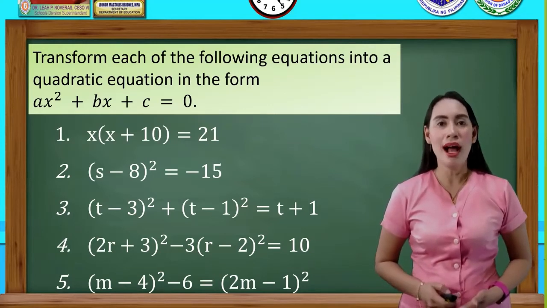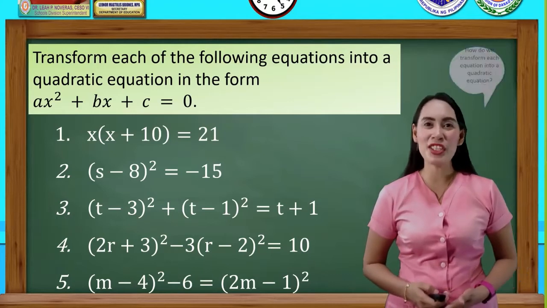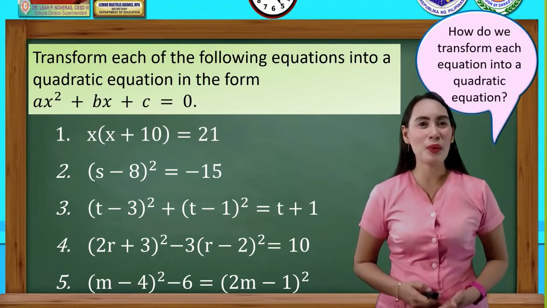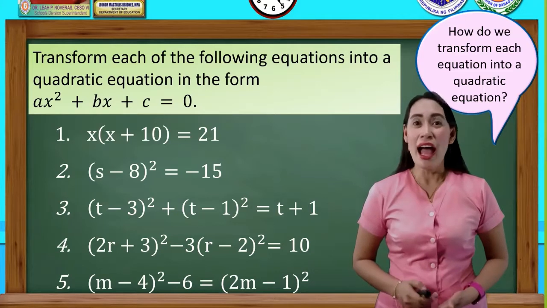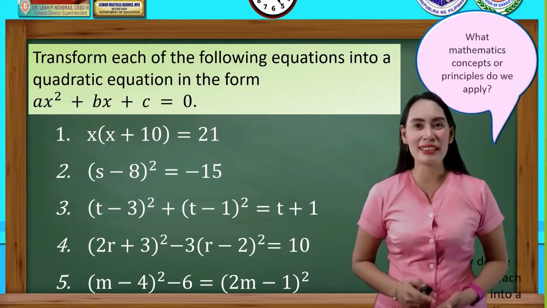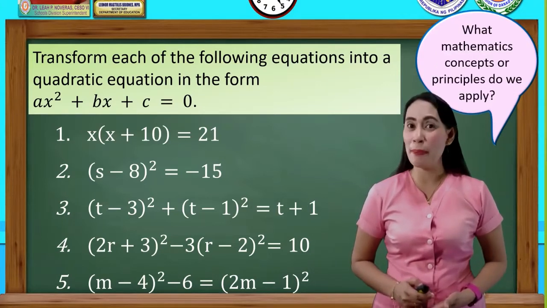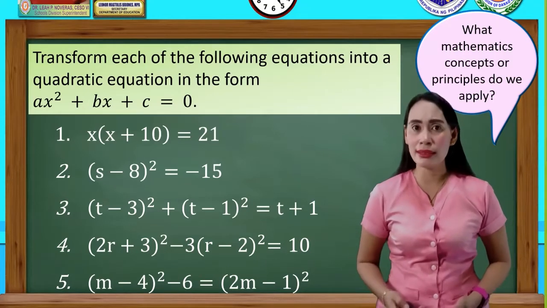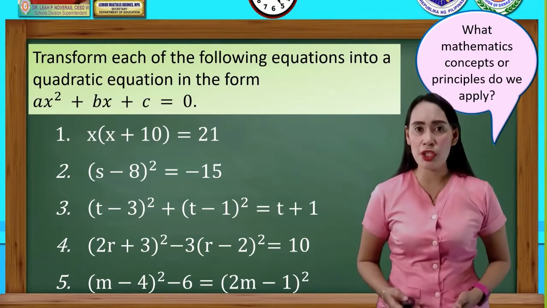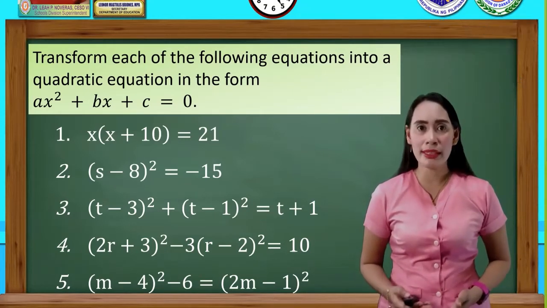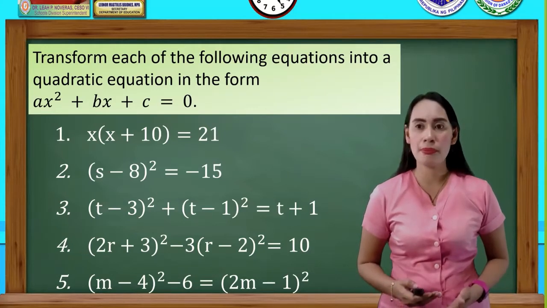How do we transform each equation into a quadratic equation? And what mathematics concept or principle do we apply? As you notice, the 5 equations are written in different forms.